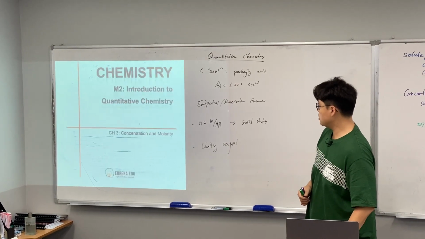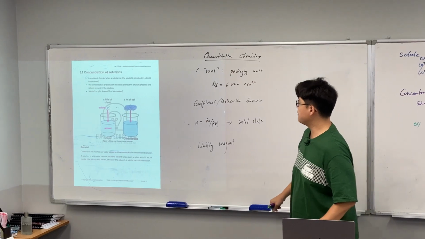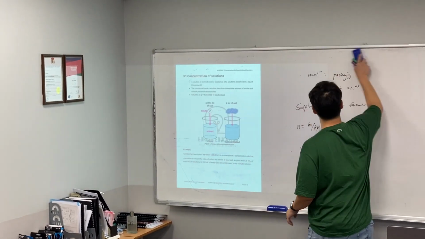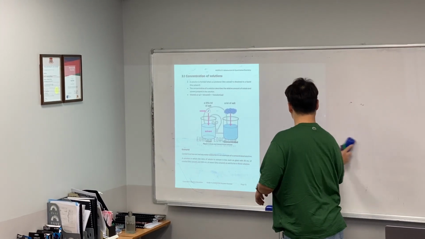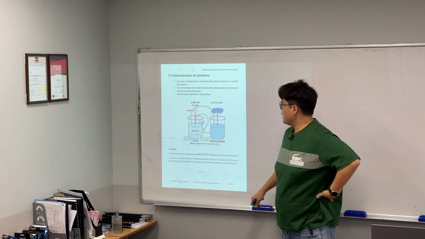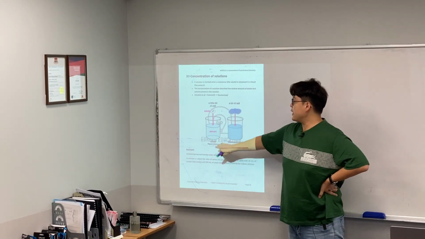So page 72 of your workbook shows you some examples of the concentration, and gives you some summary. When we put in only a little bit of solute, we believe that it's diluted.